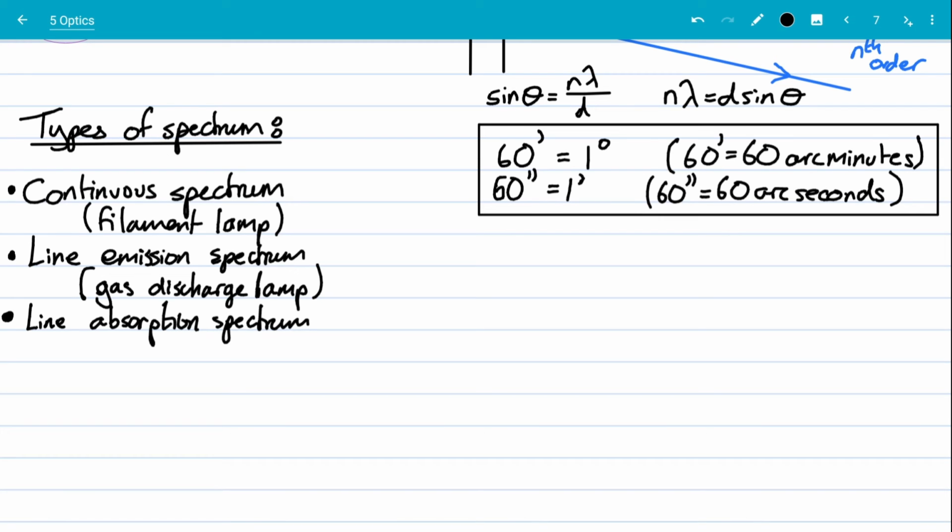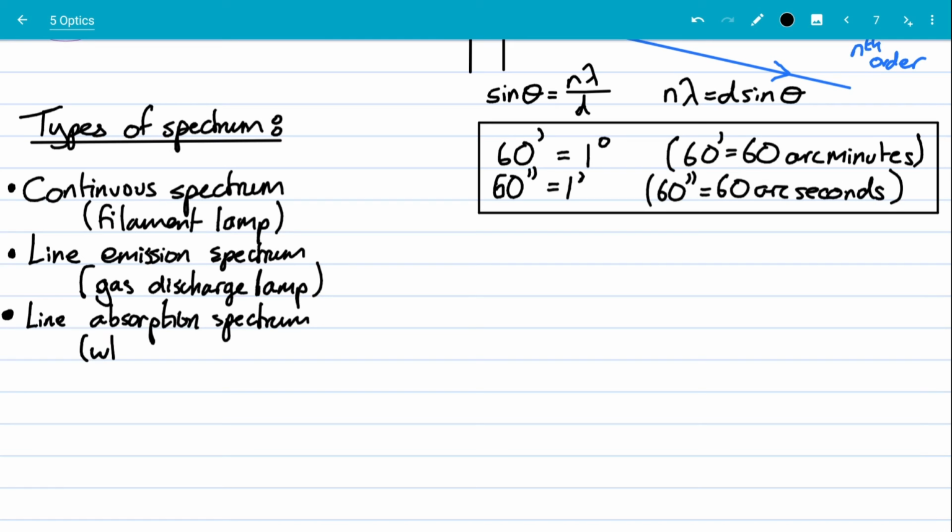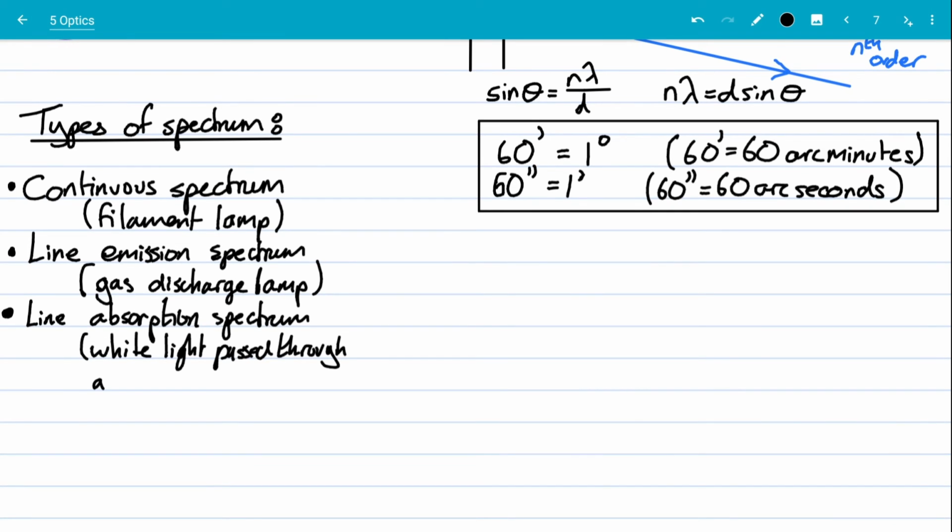And this is the situation where, for example, you might be looking at the light that's passed through a gas, and you might be interested in the composition of that gas. So we could say white light passed through a gas, maybe a hot gas, a glowing gas, something like that, is going to cause the glowing gas to absorb certain colors where excitation can happen.